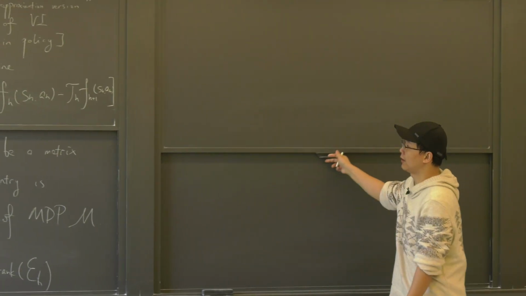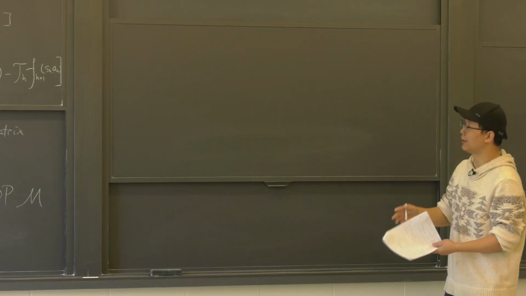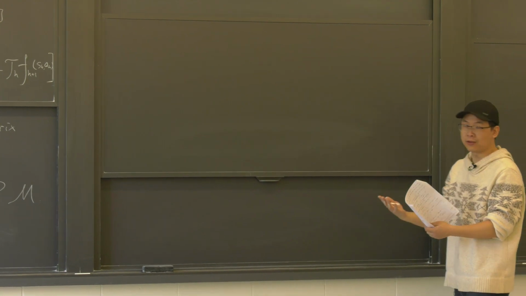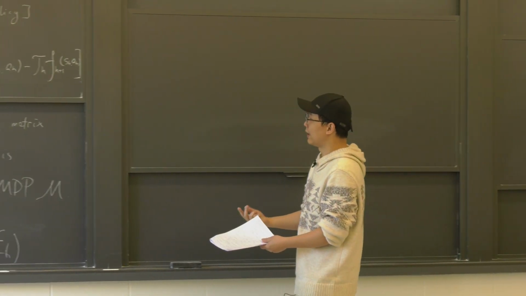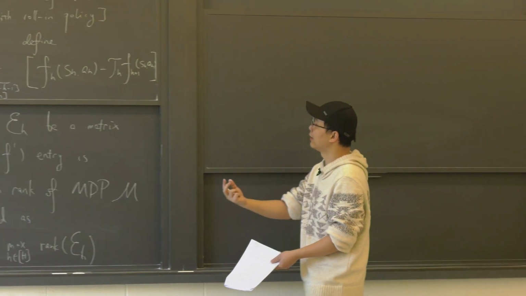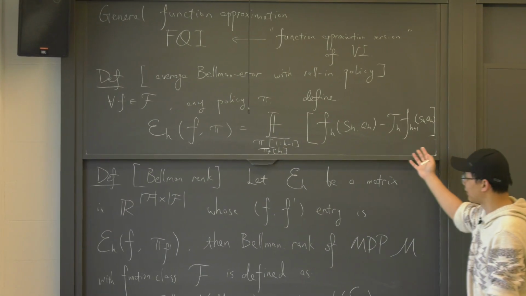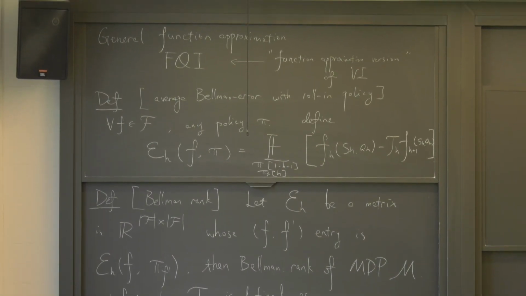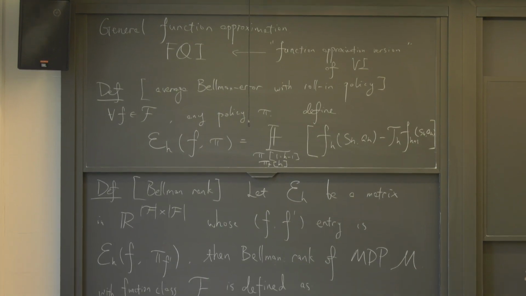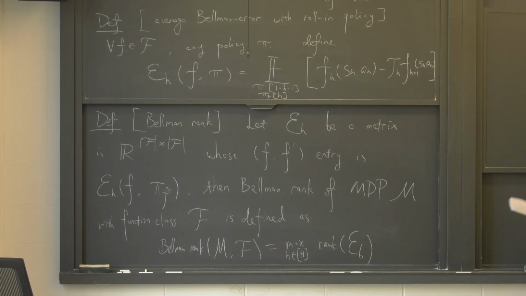So you can think of it as, again, we look at a very natural quantity, which is the average Bellman error, which has a roll-in policy and also the value function at which we look at the error. And then the Bellman rank is essentially just the rank of the matrix whose entries are this Bellman error.